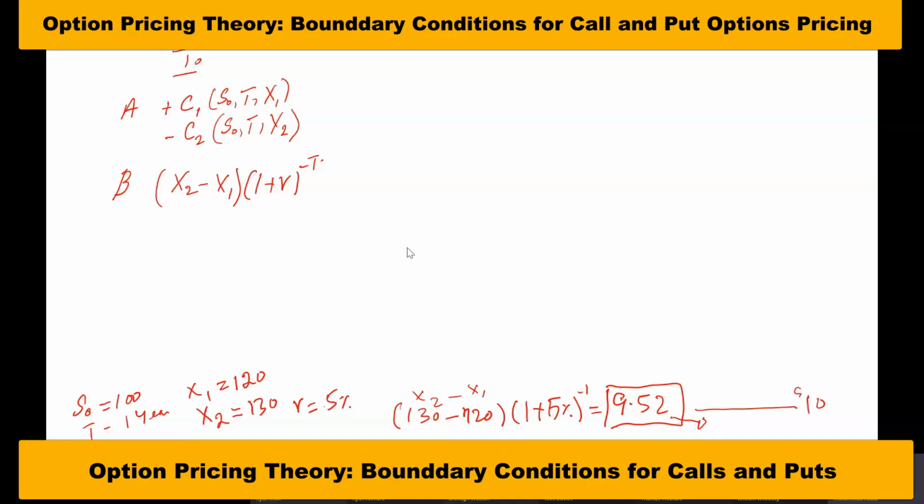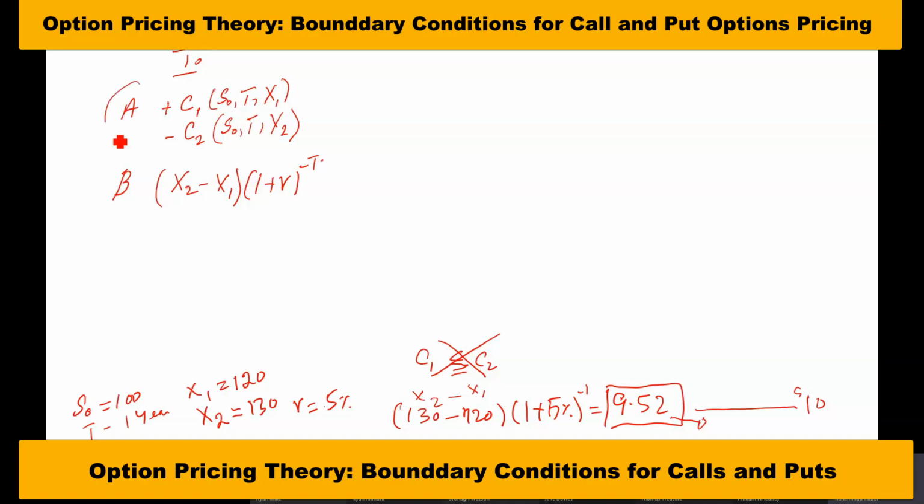I don't know at this point whether C1 is greater than C2 or less than C2. I don't know which one is higher and which one is lower. I want to come up with a conclusion regarding whether C1's price needs to be greater than C2 or otherwise.